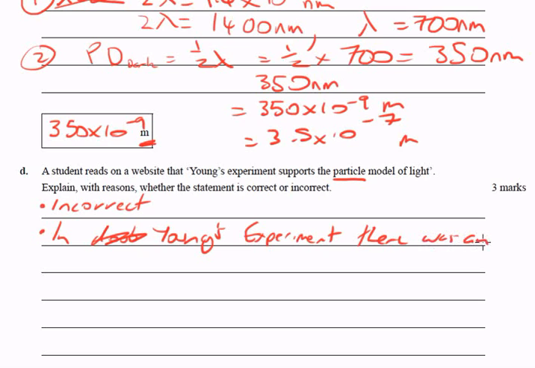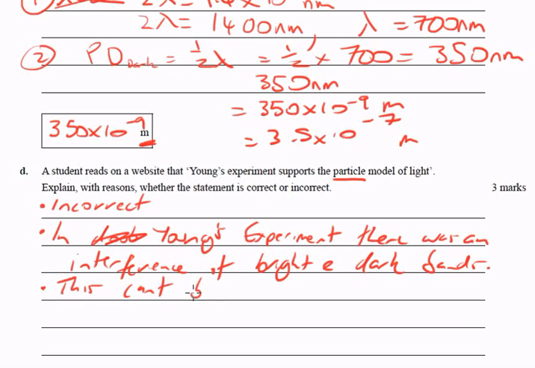there was an interference pattern of bright and dark bands, and this can't be explained by the particle model. And I'm going to say what would be predicted if we had a particle model.